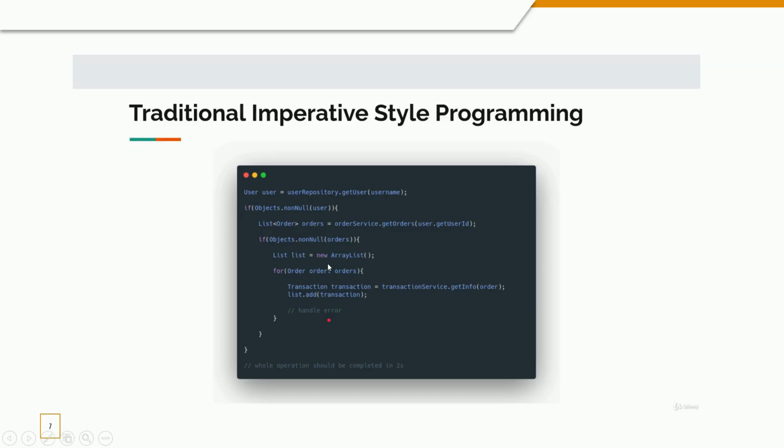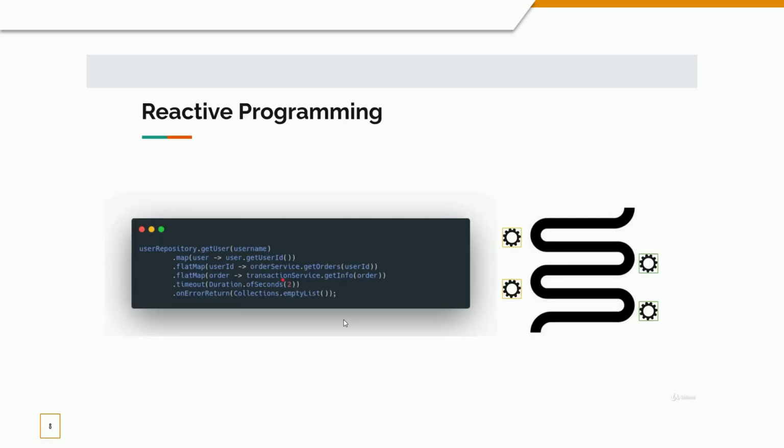And if the orders are there, it is creating an ArrayList and iterating over the orders, passing each order into the corresponding transactionService.getInfo to get the transaction, and adding those transactions to the ArrayList. This is the style of traditional imperative programming.